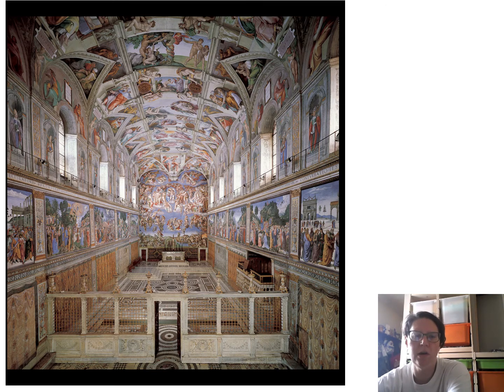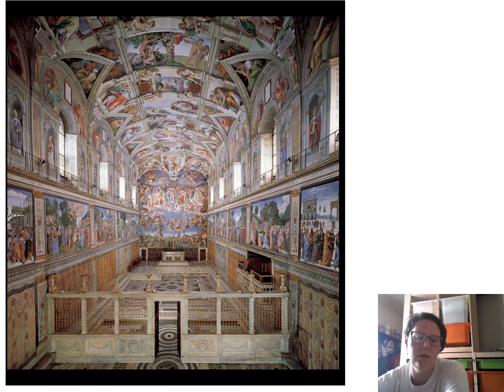Right now, what you're looking at is the entranceway where the people would have walked up to the altar, this place right here. You can also see some of the other paintings that we've studied. This is a painting by Perugino.